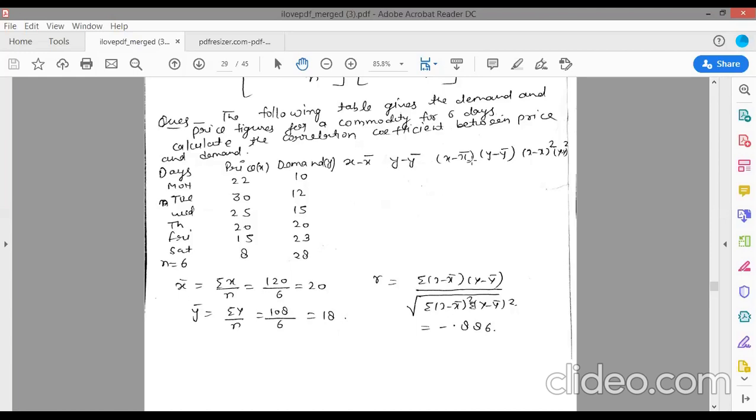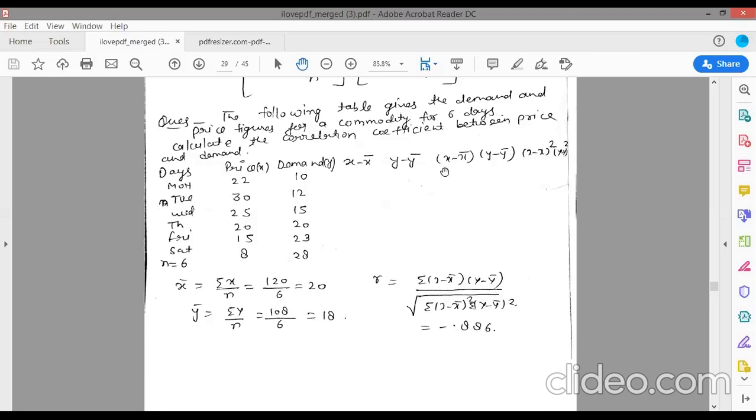Because our coefficient of correlation formula is r is equal to summation (x minus x bar)(y minus y bar) upon square root of summation (x minus x bar) whole square into summation (y minus y bar) whole square. Just first see your formula and what you need, then calculate. The last columns are x minus x bar whole square and y minus y bar whole square.